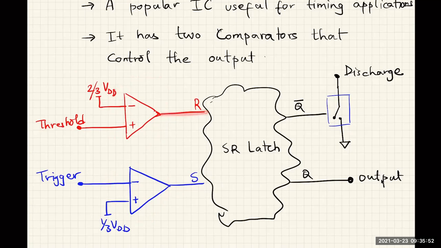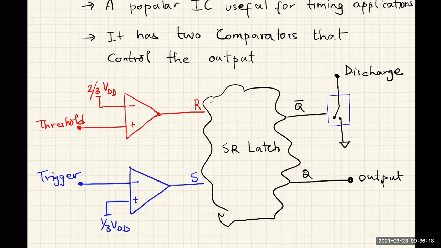The output of these comparators goes into a block called the SR latch. I won't bother you with the details of how the SR latch works, but these two inputs will control the output of the 555 timer. The SR latch also has a second output, which is always going to be the opposite of the main output.